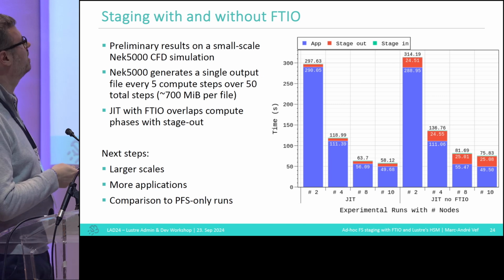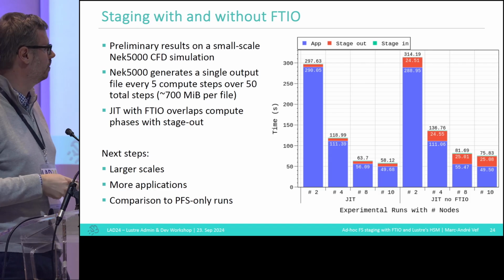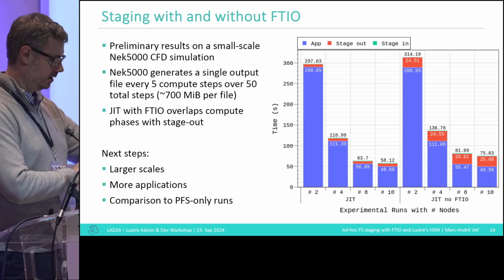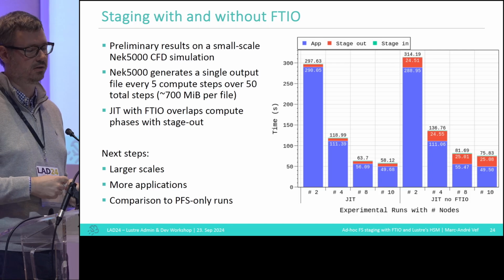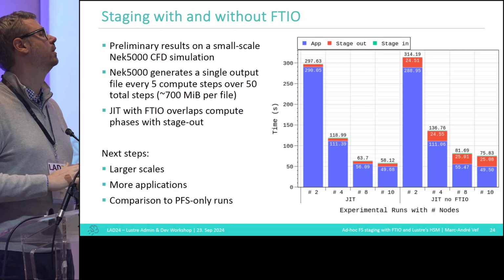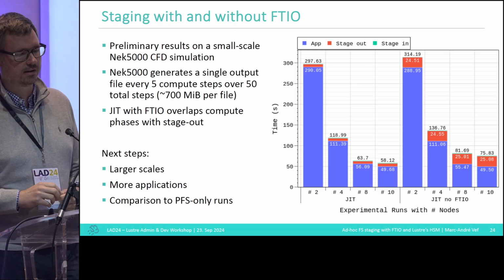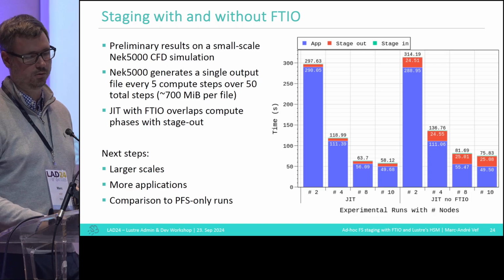So the application isn't impacted as much, but the stage out time is much lower. Right? But again, the next steps here are larger scales, more applications, and also comparison with the PFS. Because, of course, this only makes sense to use if it's all faster than if you would work on Lustre itself. Right? But again, this depends on the workload that we're having.